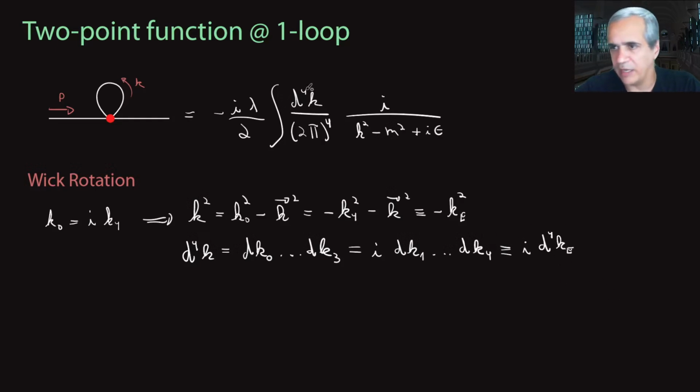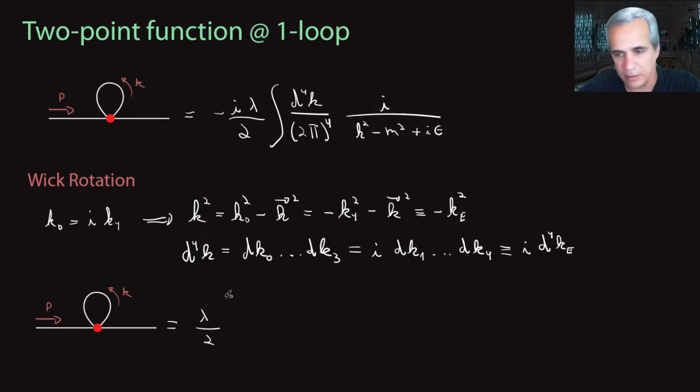Doing that in the integral, my loop now becomes lambda over 2, because there was an i here that I can combine with these two i's.